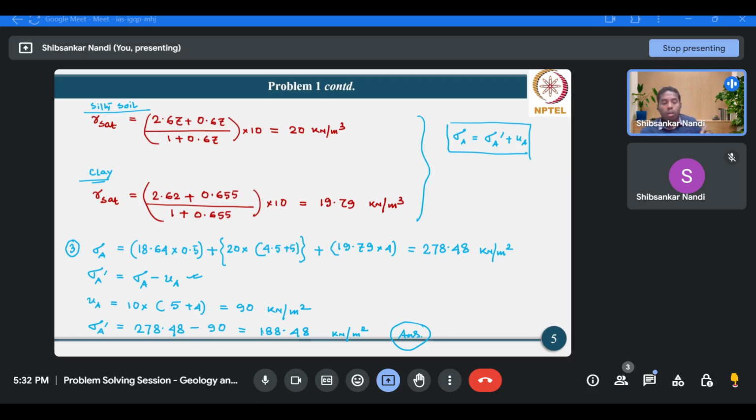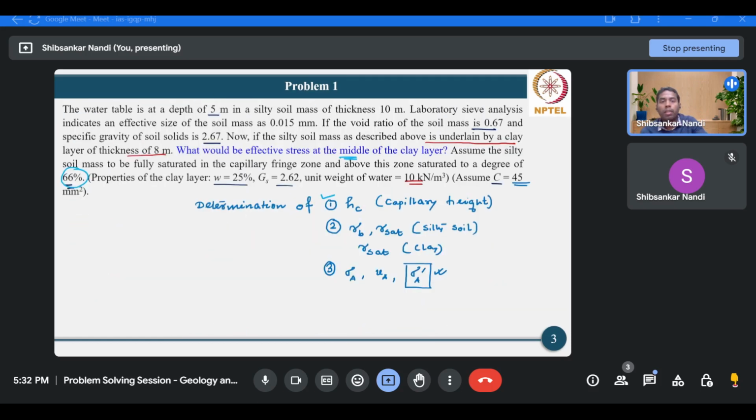So to obtain the answer, the first step was the calculation of capillary height based on the empirical relationship given by Hazen. Then the calculation of unit weight bulk and saturated for the silty soil, and only the saturated unit weight for the clay.